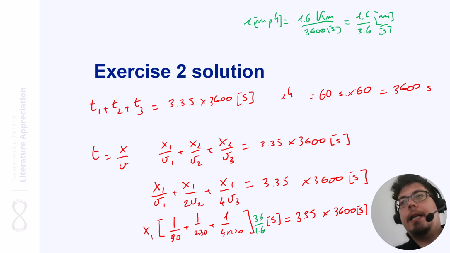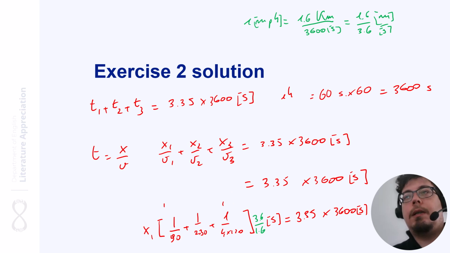So again, we do a little arithmetic here. So we need to find the common factor of these numbers, which we can do here. So x1 is equal to 1 over 90 times 480.